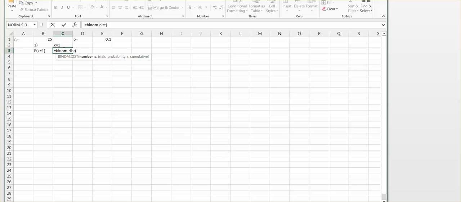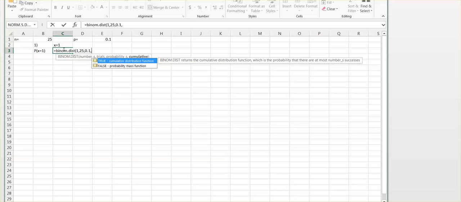The first entry is the number, which means the value for x, and we are looking for x equal to 1. Then the trials is the number of individual trials, which is 25, and the probability is the probability of success, equal to 0.1.